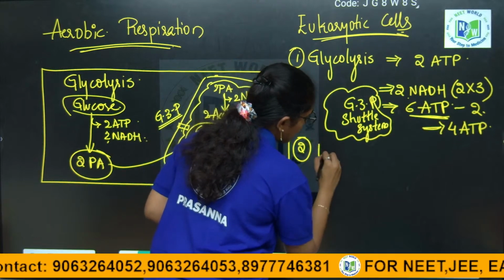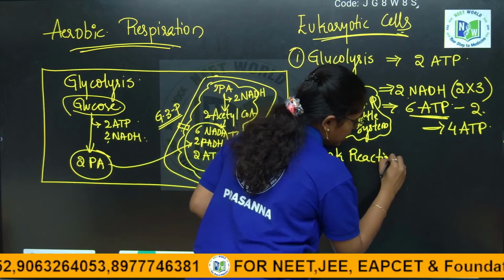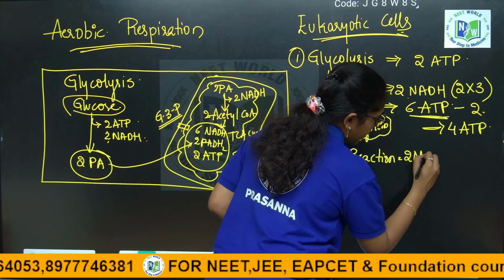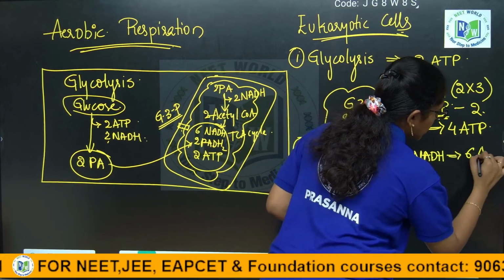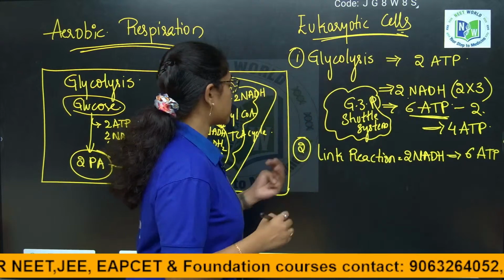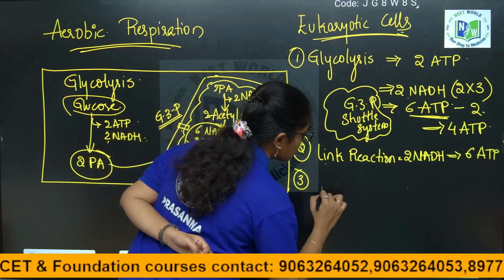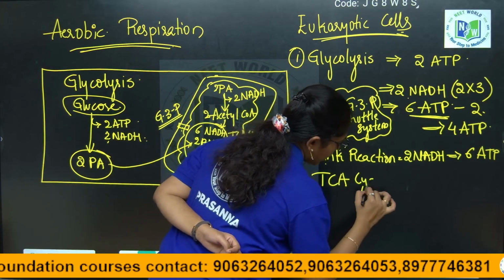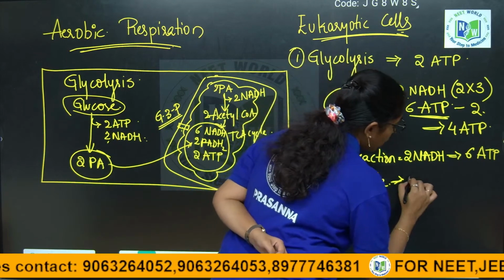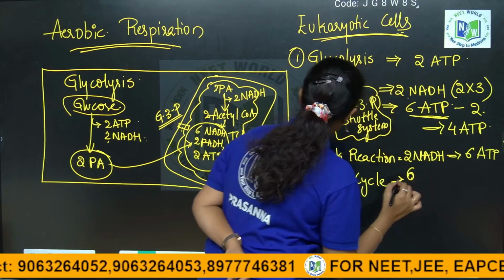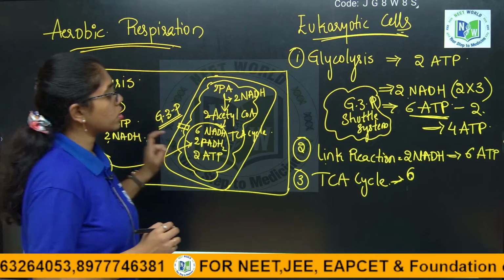And next is the link reaction. In the link reaction, how much energy is released? Of course, it is 2 NADH. To convert it into ATP molecules, 2 into 3, 6 ATP. Next, third, after the link reaction, it is the TCA cycle, right? In the TCA cycle, of course, we get 6 molecules of NADH, because we are considering 1 glucose molecule.